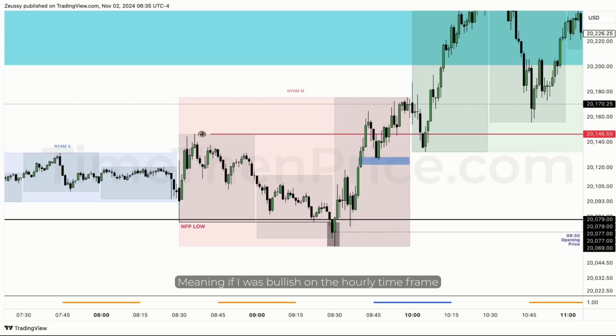Meaning if I was bullish on the hourly time frame, I was looking for manipulation against my bullish idea, meaning manipulation lower so that we could then distribute higher. For the idea of lower prices on Thursday, I want to see manipulation higher before we could see distribution lower. And that is what I want you to take away from this lecture.